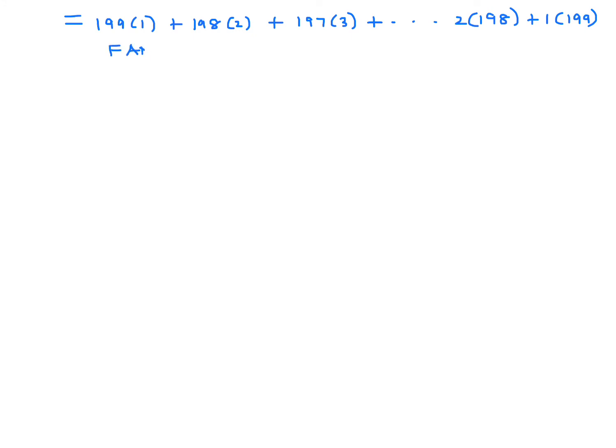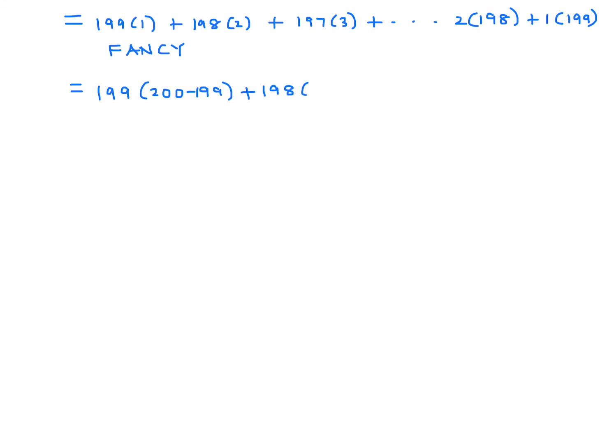So this is where I will write fancy mathematics. Okay, so let's see. Hopefully I can explain this without confusing anybody. The first one is 199 times 1, right? But instead of writing 1, I'll write 200 minus 199. It'll become apparent why later on.